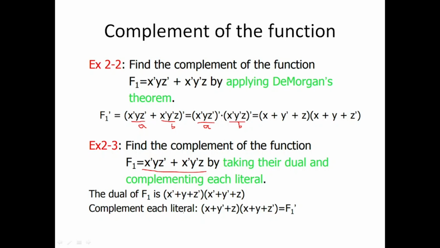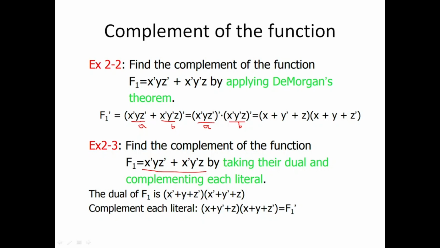This is the dual. So the complement and the dual are opposite to each other. This is F1, the dual of F1, and this is F1'. See here, compare these two, dual and complement. Both are opposite to each other.